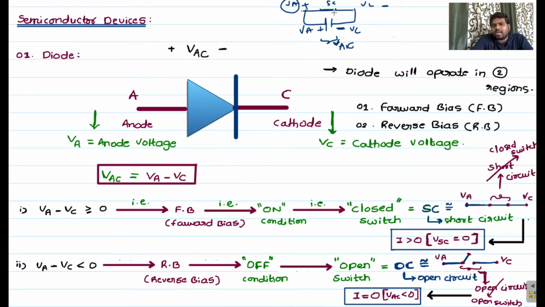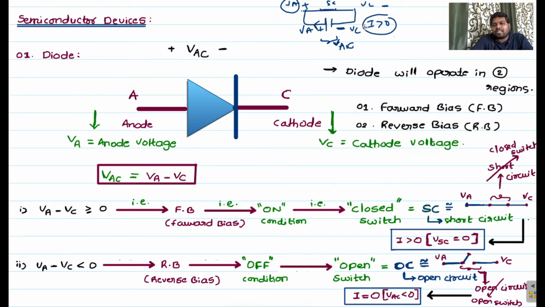The current always flows from the positive terminal, so the current flows like this, that is I greater than 0. This is possible only when there is a closed path. Only when there is a closed path will current exist. The current always chooses a closed path; otherwise we cannot expect any current.